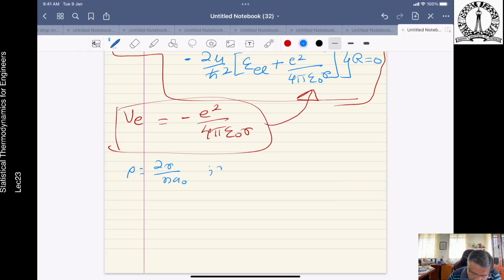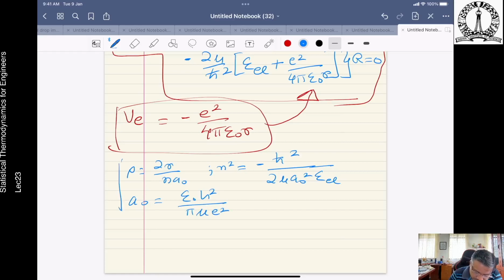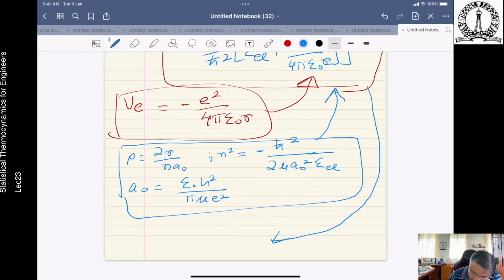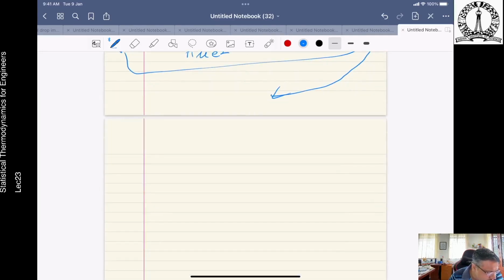Then we define n squared is equal to minus h bar squared over 2 mu a naught squared times the electronic energy, and a naught finally is given as h bar squared over mu e squared. These are the three variables we define, and then we use them to transform this equation.